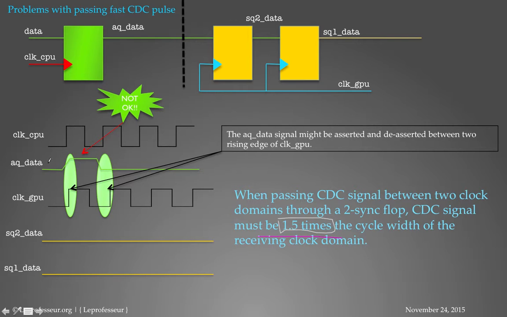What it means is that your AQ data should be stable, it should not toggle until this point. That means your whole one clock period and roughly one and a half clock periods from here. So this width, the pulse width of the AQ data, should be 1.5 times. All right, remember that.